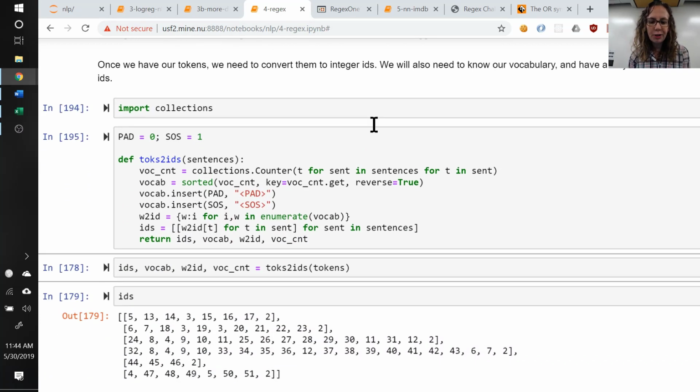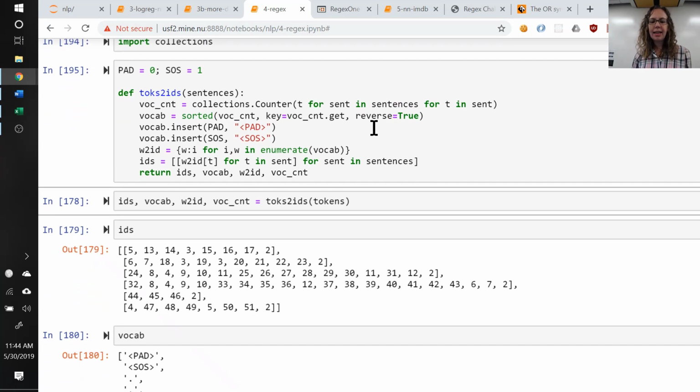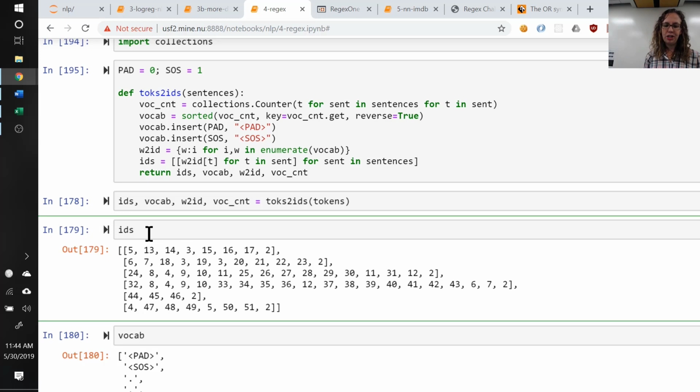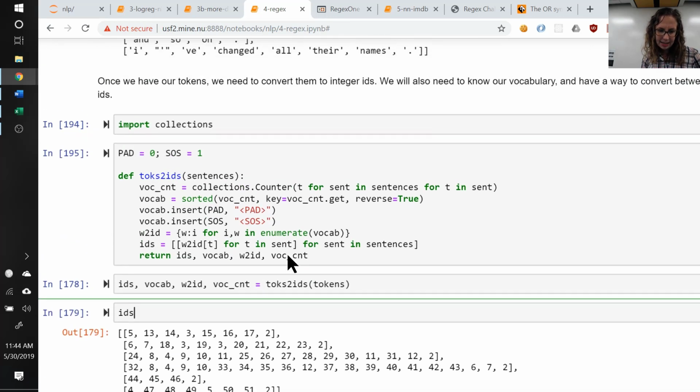Then I have a tokens to ID method that can take the sentences and create a vocabulary. Typical things you'll want to get back from this would be the IDs, which is the format of rewriting my sentences as a sequence of tokens. You can check this first sentence has 1, 2, 3, 4, 5, 6, 7, 8.